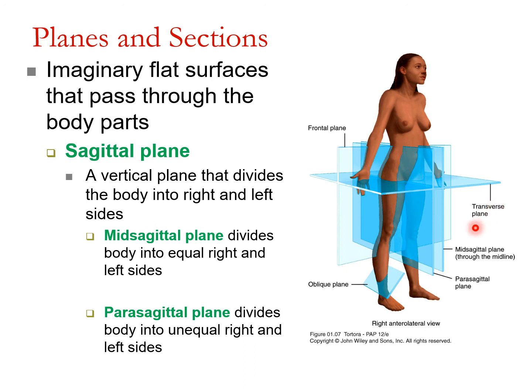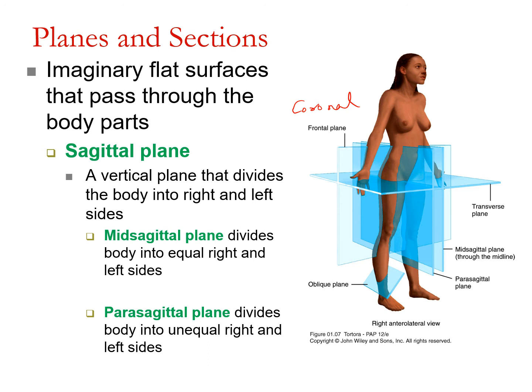Now the next plane is the frontal or the coronal plane. The frontal plane is also known as the coronal plane. The coronal plane divides the body into anterior and posterior portions.